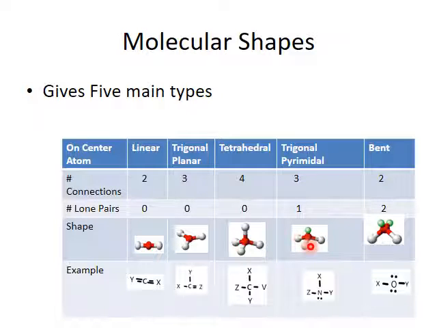Okay, and the next one, you have the center atom with 3 atoms attached, similar to this one over here. This one also forms a triangle. The 3 atoms out here form a triangle, but the center atom doesn't sit on the table like this one over here.